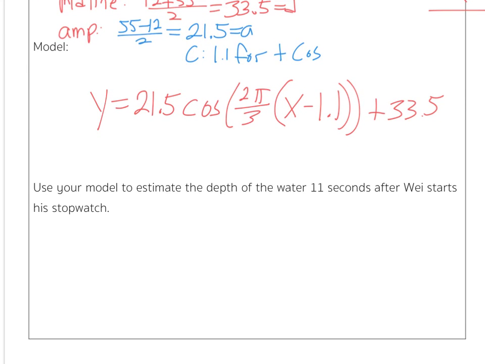We've got to use this equation to find the depth of the water 11 seconds after Wei starts his stopwatch.